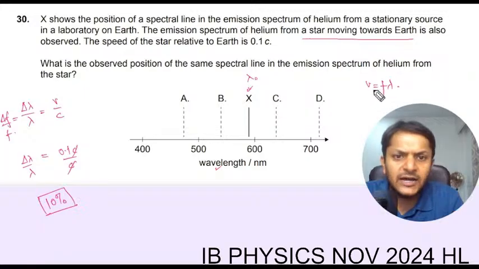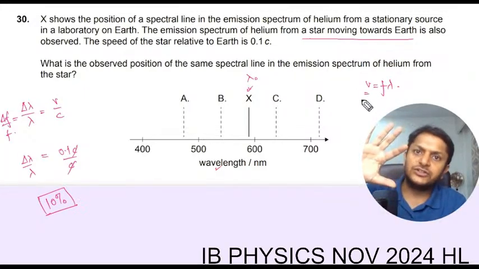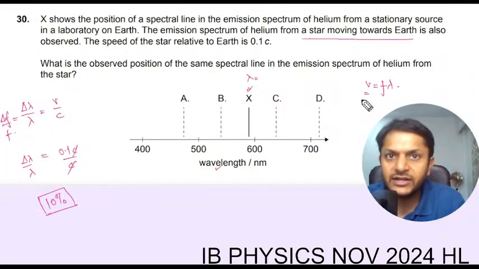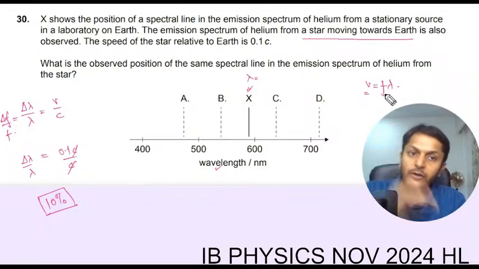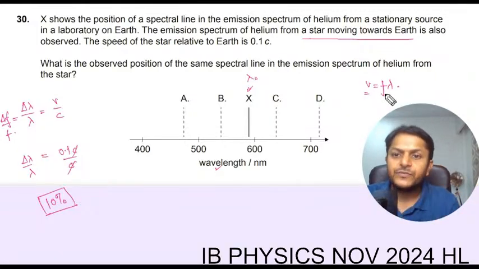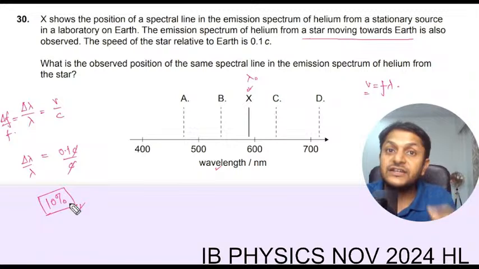So velocity is not changed. It is an electromagnetic wave which is traveling with the speed of light, and you can't change it. So more is the frequency, lesser will be the wavelength. It means wavelength is decreasing. By how much percent? It is decreasing by 10%.